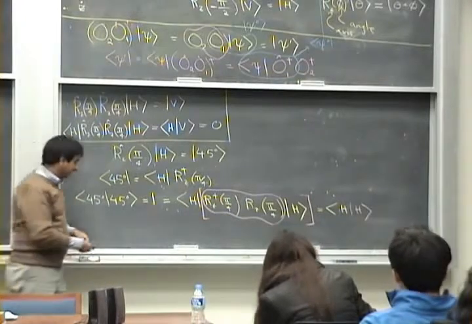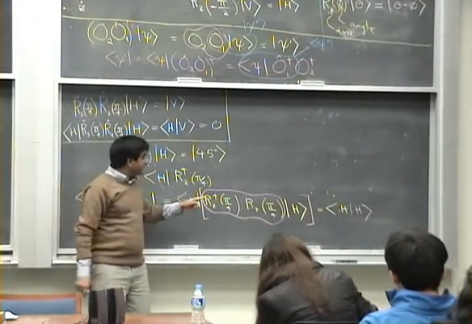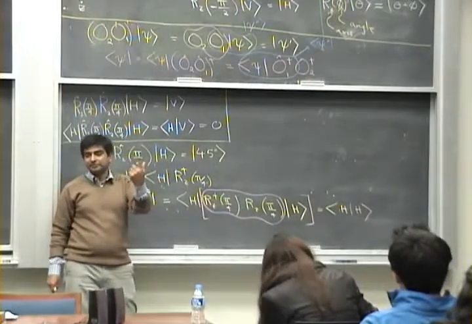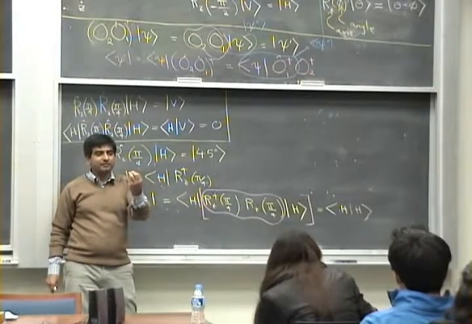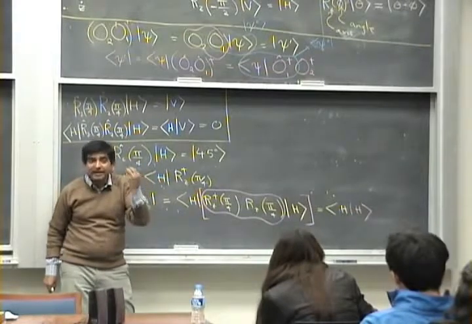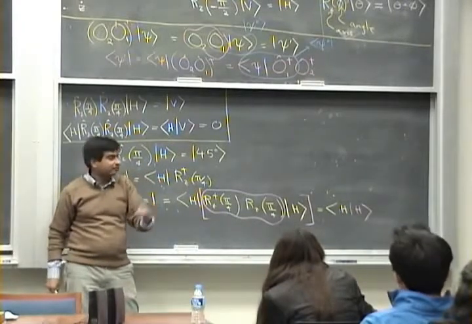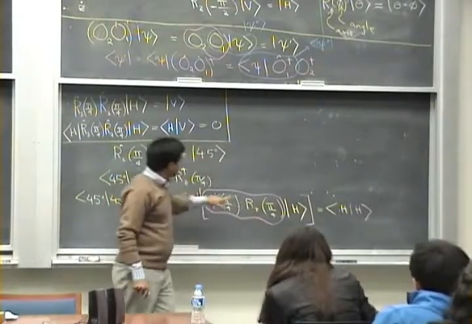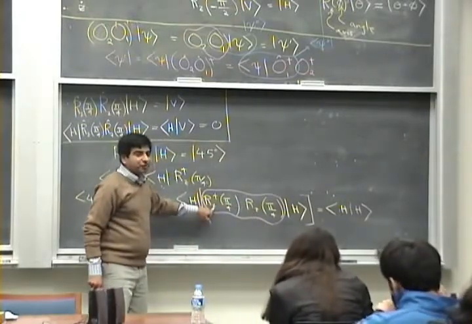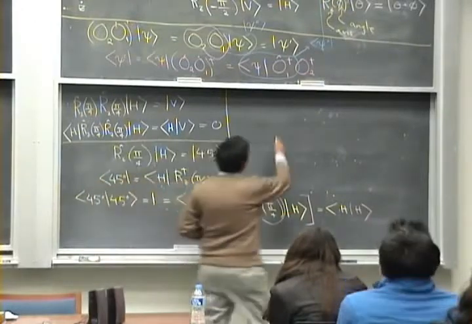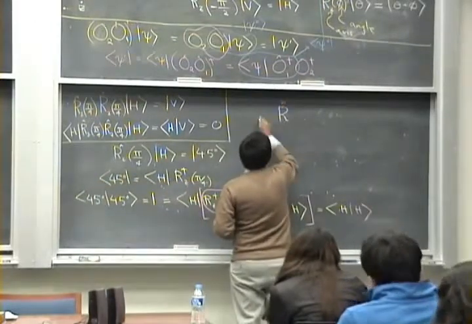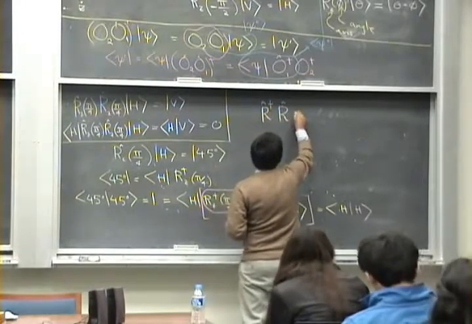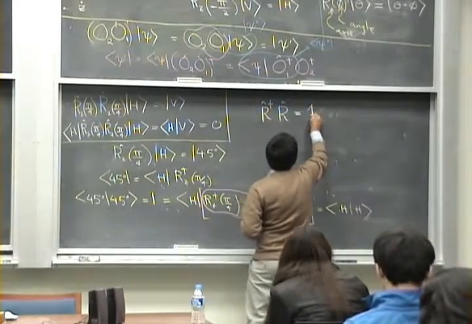Now what does this mean? This means that this operator multiplied by its adjoint must give me another operator which is identity, the unit operator. So R multiplied by its adjoint gives me identity.